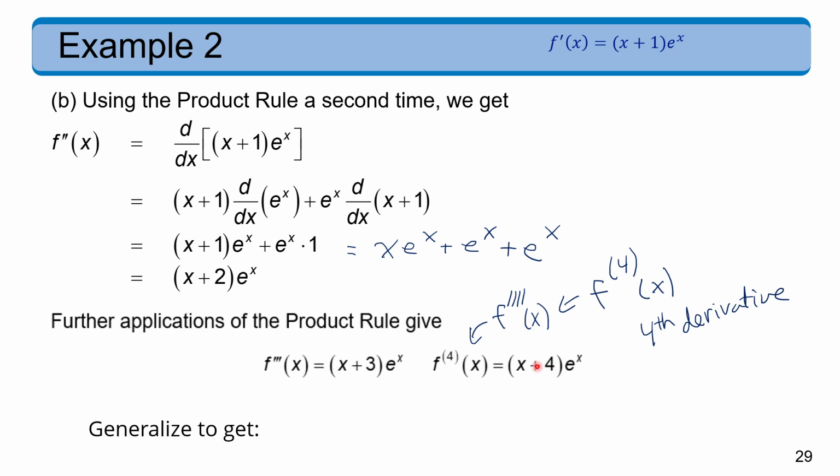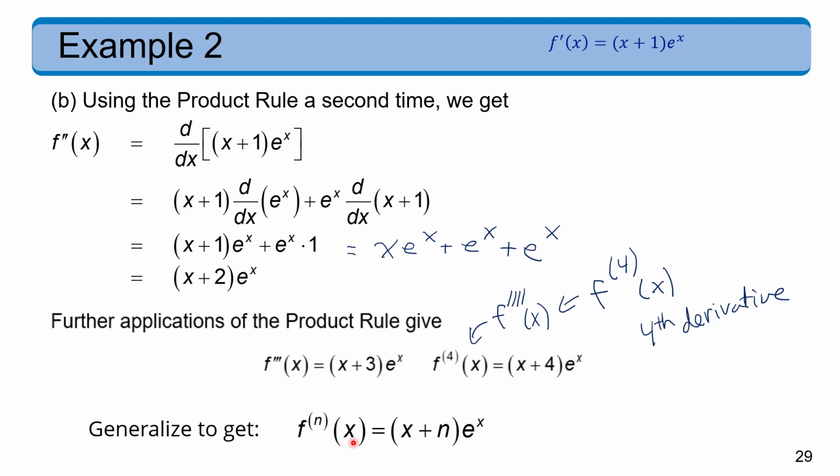And you probably noticed if it's the fourth derivative, it's a 4. When it's the third derivative, it's a 3. Second derivative, it's a 2. First derivative, it's a 1. So if it's the nth derivative, that would be an n. So you'd have x plus n in parentheses times e to the x. So there's the formula. We could generalize from our pattern to get this.